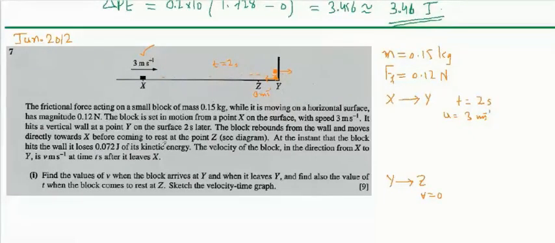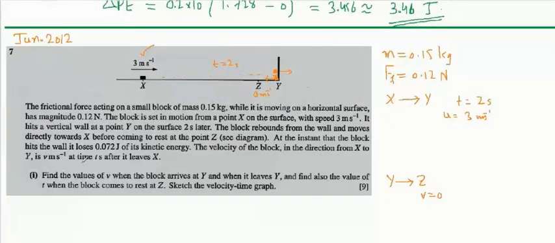The velocity of the block in the direction from x to y is v meters per second in time t seconds after it leaves x. They gave this information because they also asked us to sketch the velocity time graph. The velocity we are taking from x to y positively.